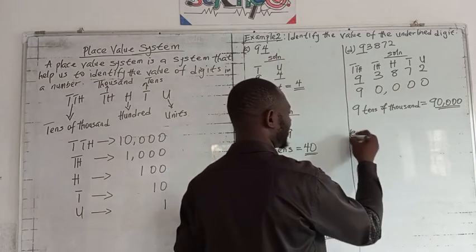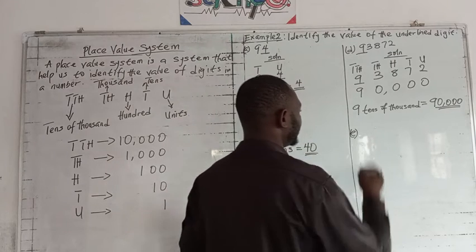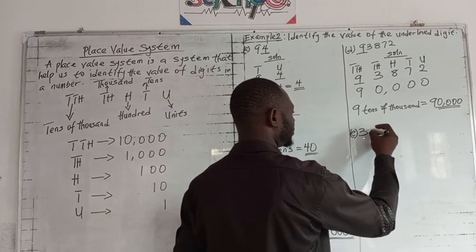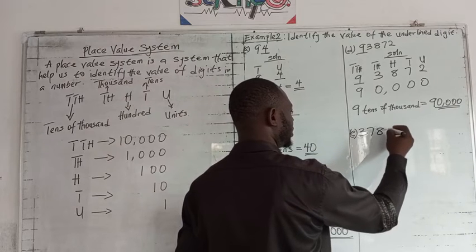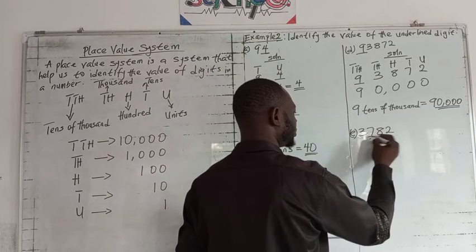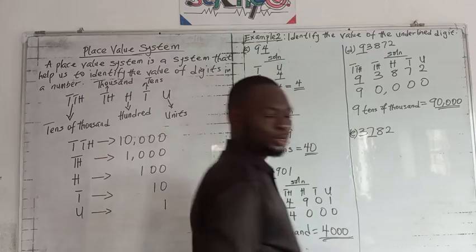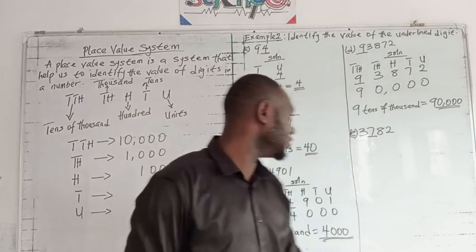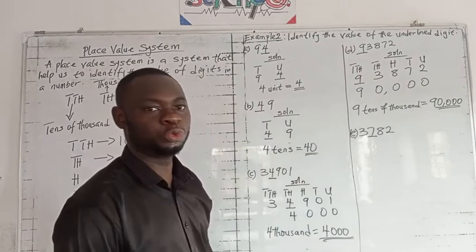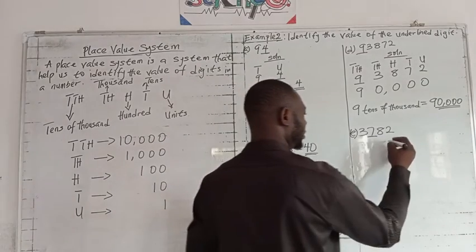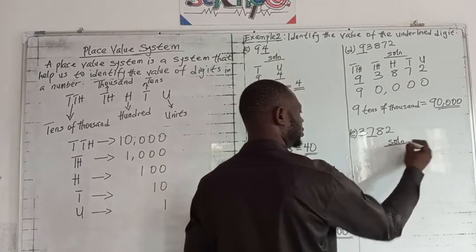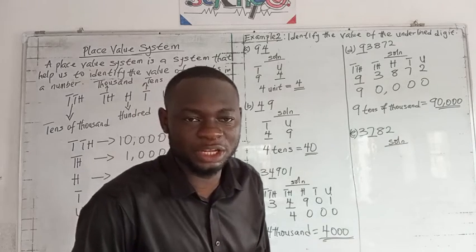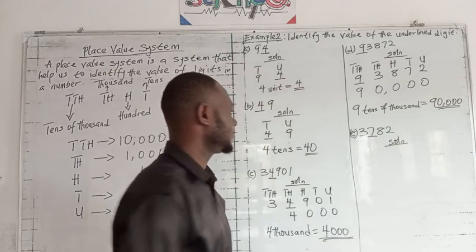Let's solve one final example. Here we have 3,782. 7 is underlined. We want to find the value of 7 in 3,782. So, like we did the first one, we arrange 3,782 in place value system.